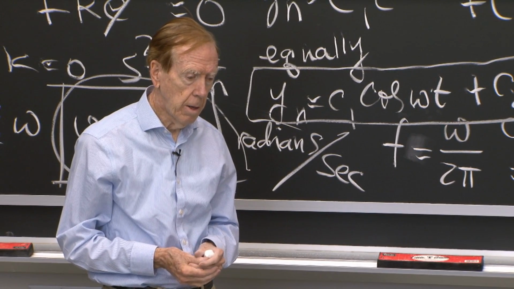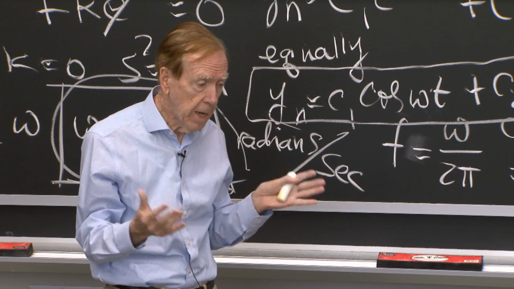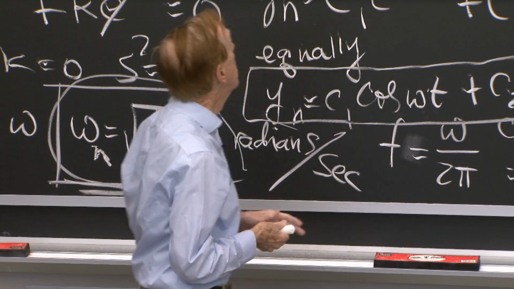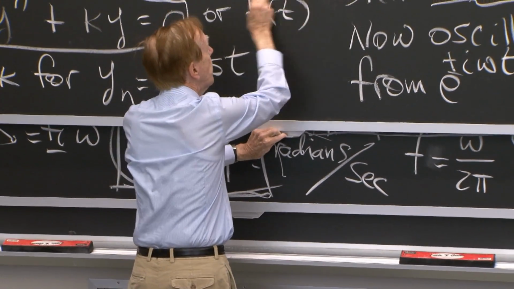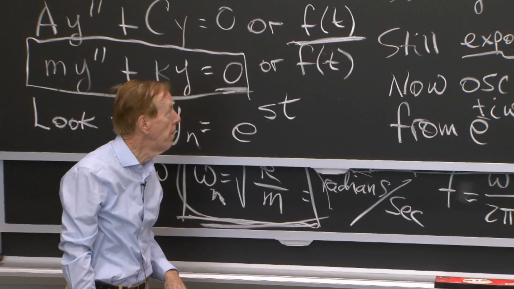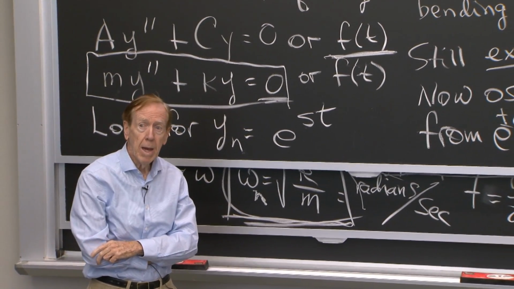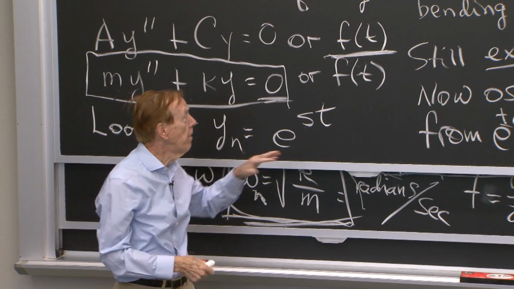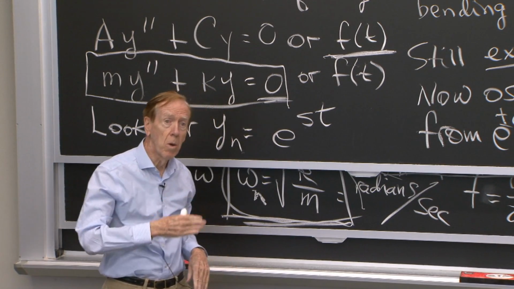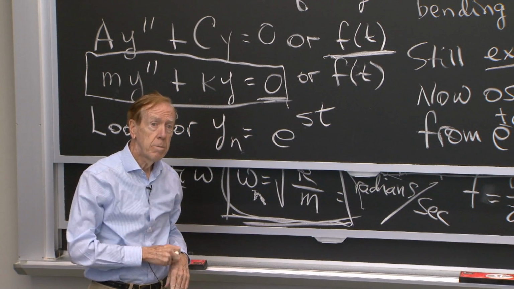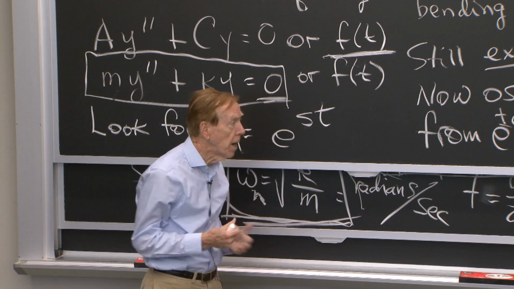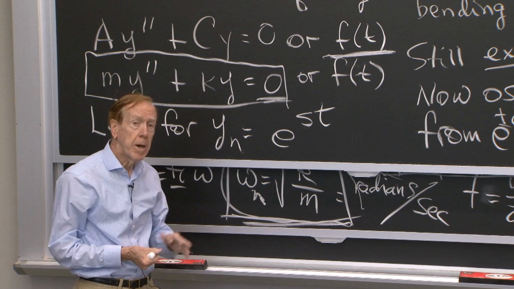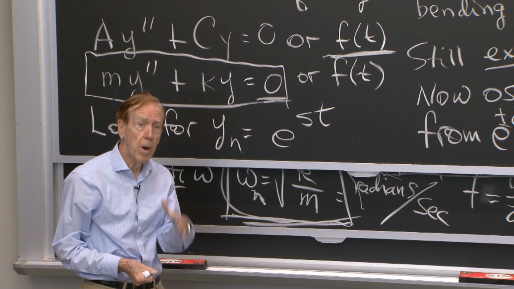In general, it could be any function of time. Calling it f of t. So that's what I'm going to put in now. But in reality, very, very often, f of t is also a simple harmonic motion. It's also a cosine, but at a different frequency, at a driving frequency.